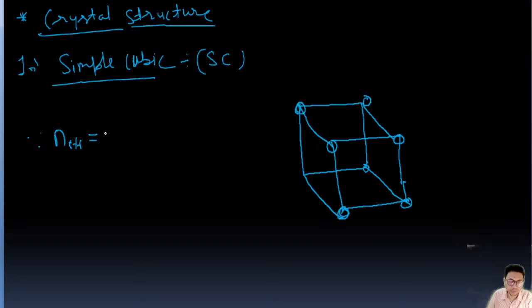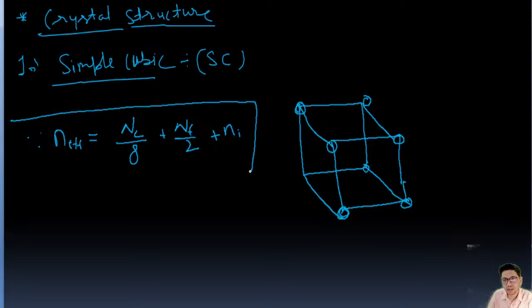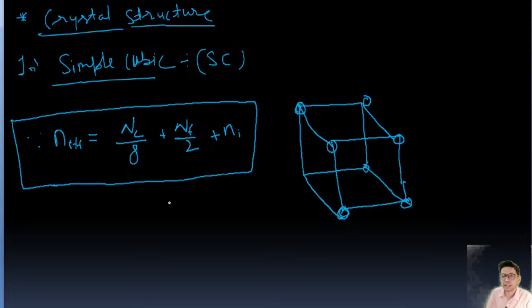I have already explained in my previous lecture, that is nc upon 8 plus nf by 2 plus ni. Here nc means the atoms in the corner, nf means the atoms on the faces of the cube, and ni is the atoms at the center of the cube.